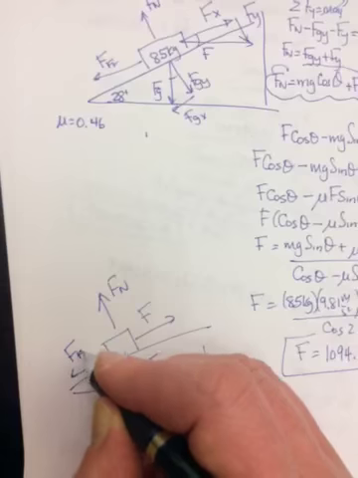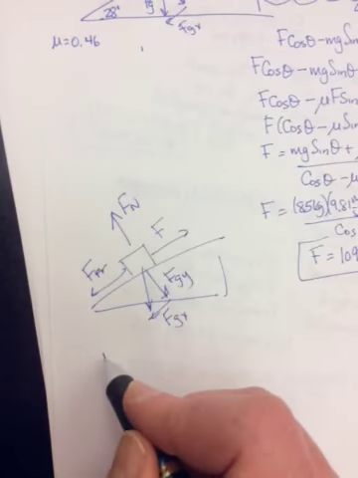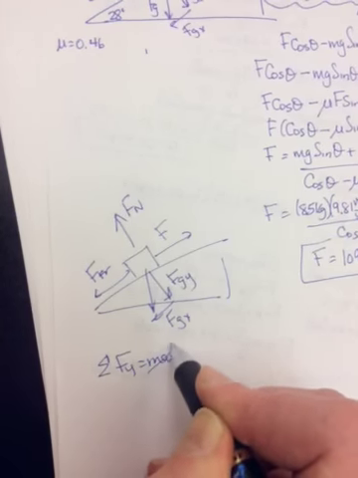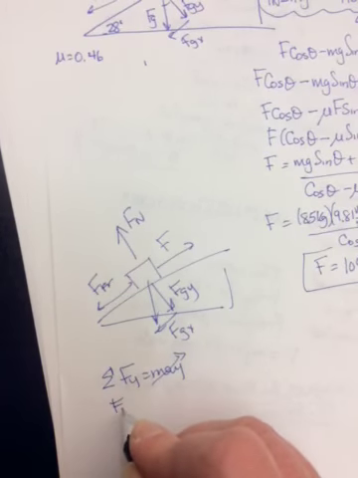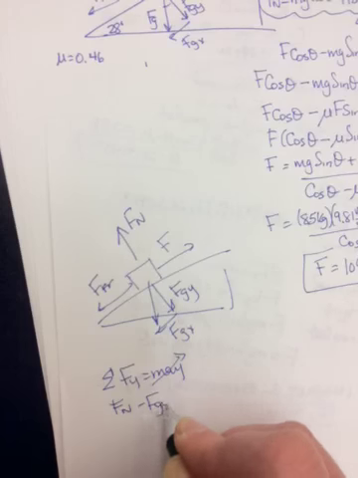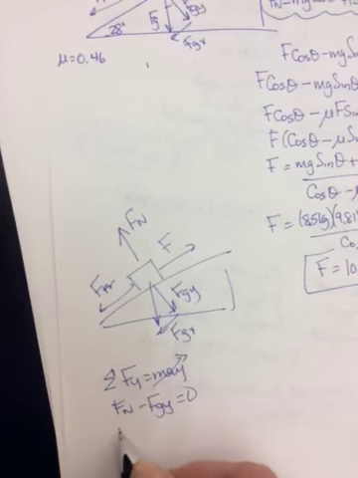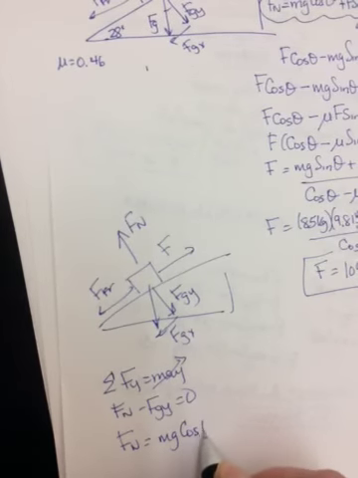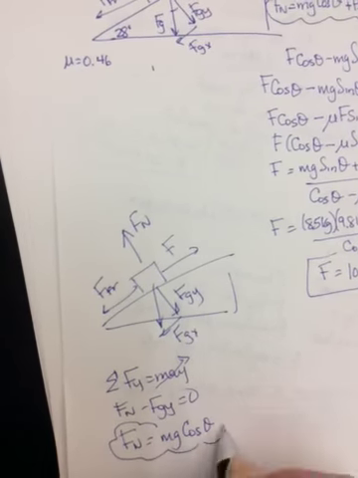Friction is going down. So in the y direction, it will just be Fn minus FGY equals 0. So Fn will equal mg cos theta. So much easier. Why you really need to take physics.